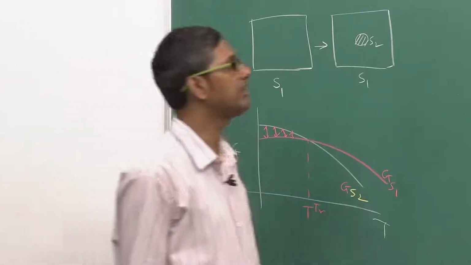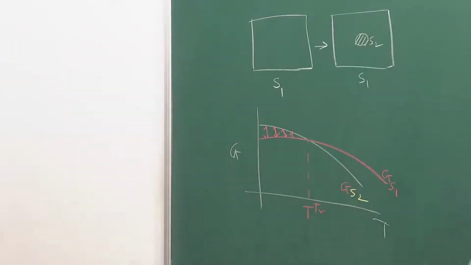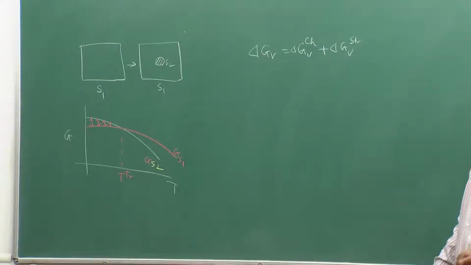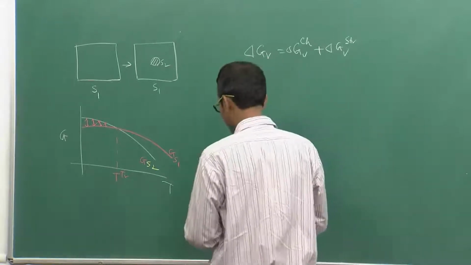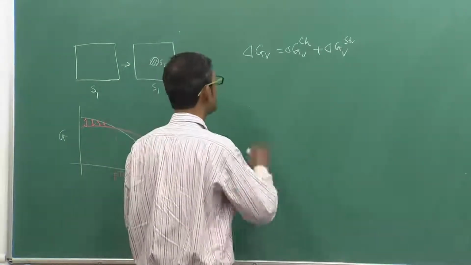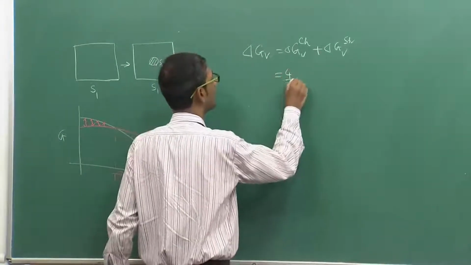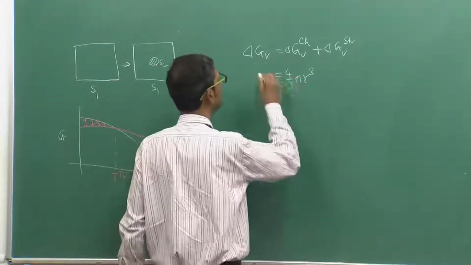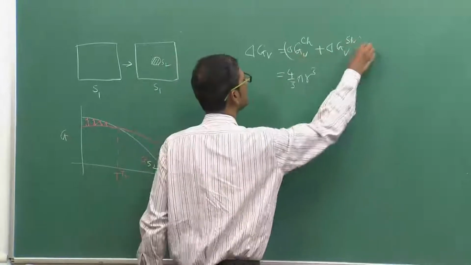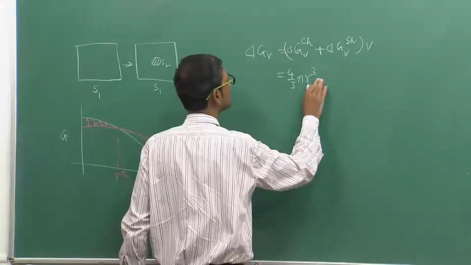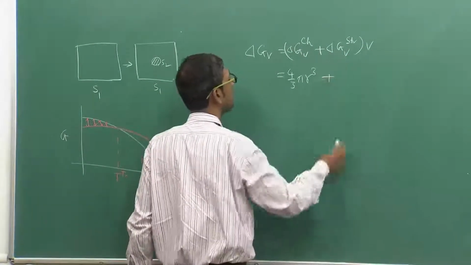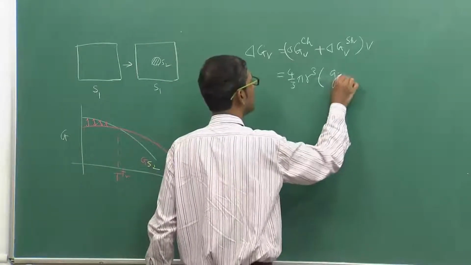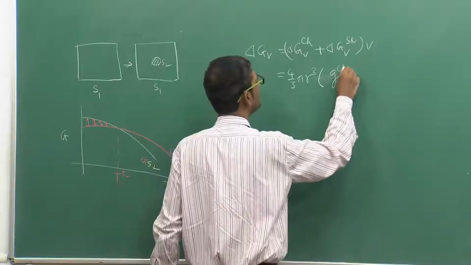Okay. But strain free energy is also a volumetric term that must be considered, that is also proportional to the volume. So, what can I write down? I can write 4 pi r cube, which is the volume, the total free energy must be equal to the volume multiplied by g volume CH plus g volume strain.